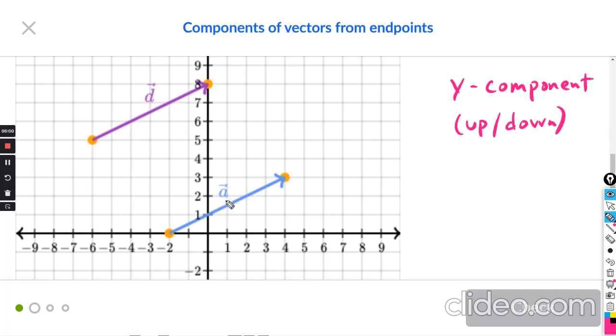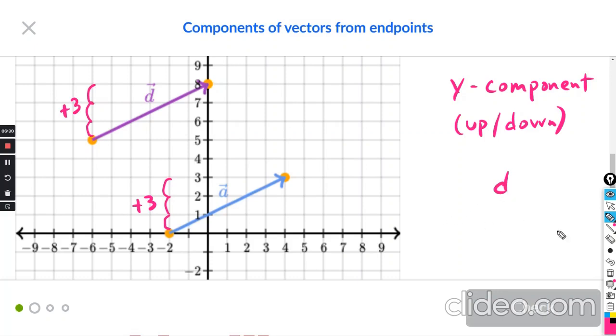So here's vector A. It starts here and it goes up 1, 2, 3 units to get to this point here. So that's positive 3. We want to see which other vectors go up 3 units. So let's look at D right here. It goes 1, 2, 3 to get to the terminal point. So that's positive 3. So D is one of them.